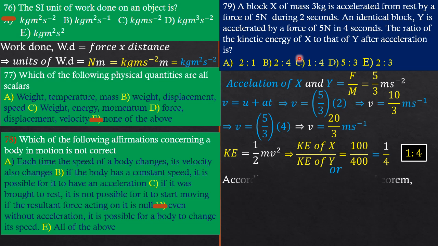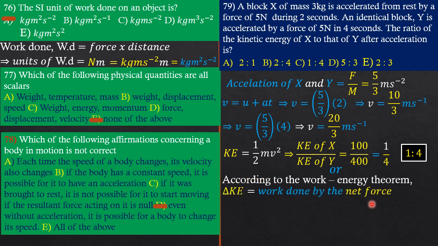In method 2, guys, we are going to be using the work energy theorem, which simply tells us that the change in kinetic energy of a body is equal to the work done by the net force.